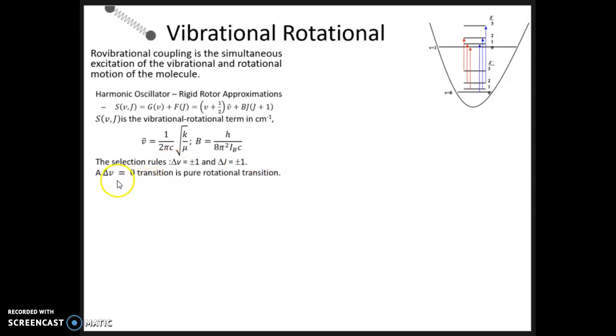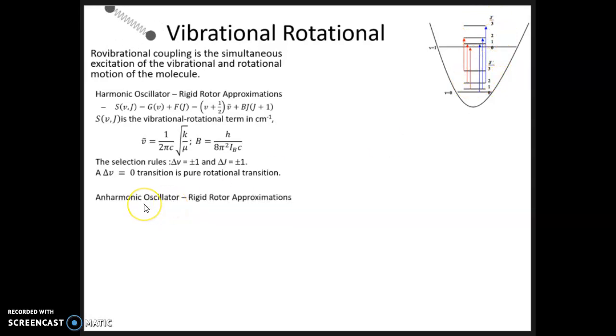We can also consider that a transition within a particular vibrational state is a pure rotational transition. So take for example a rotation that goes from 1 to 2 here. That's a pure rotational transition. A vibrational rotation involves energy levels in different vibrational states.